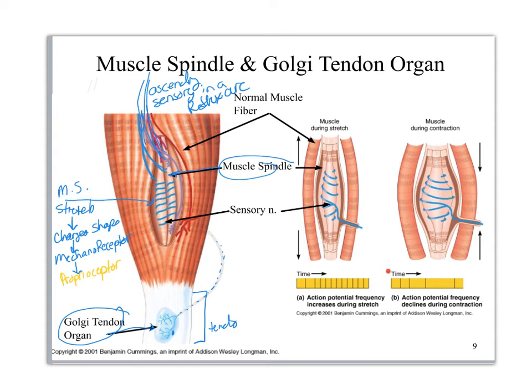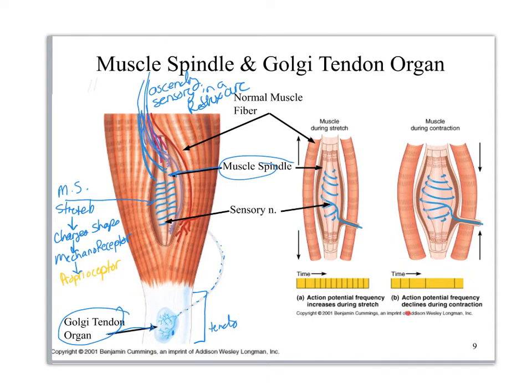Now come down here, and I want you to look at this table. Action potential frequency increases during stretch. So you can see you've got 1, 2, 3, 4, 5, 6, 7, 8, 9, 10, 11, 12 stimuli leading to 12 action potentials going along this sensory neuron when this is stretched. But when it's contracted, and this is all big and fat and bulgy, you've only got 1, 2, 3, 4.